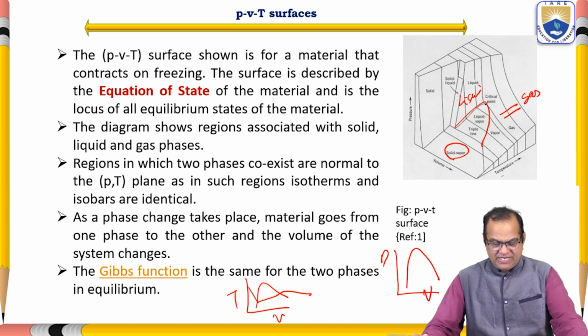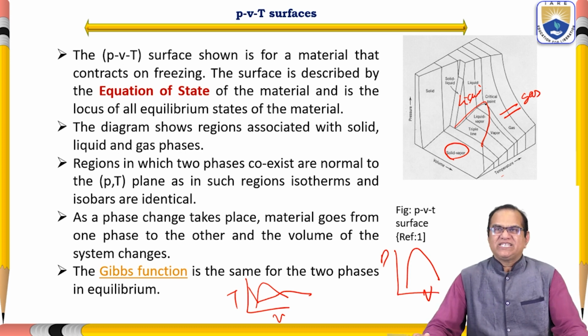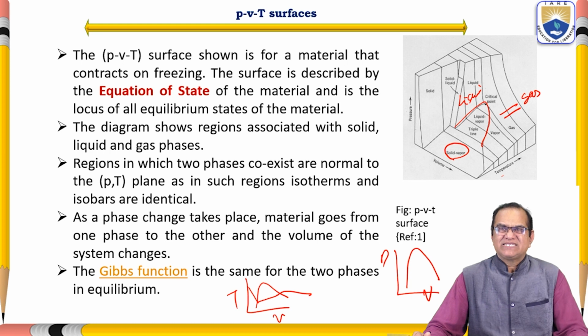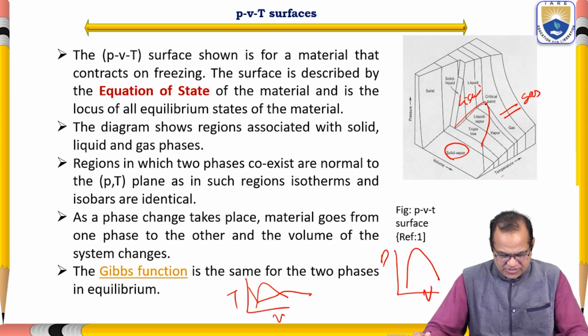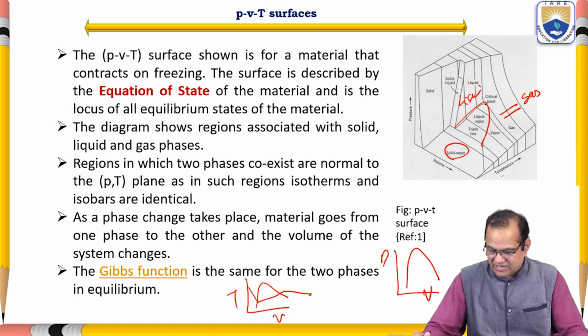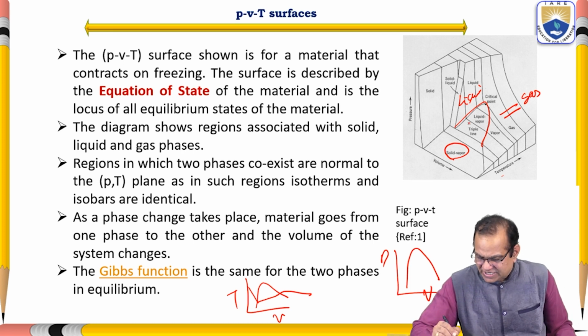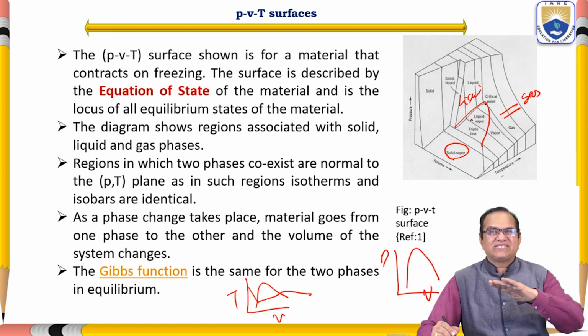Regions in which two phases coexist are normal to the P and T planes, as in such regions, isotherms and isobars are identical. So in the two-phase region, if you see here, pressure and temperature lines are identical.